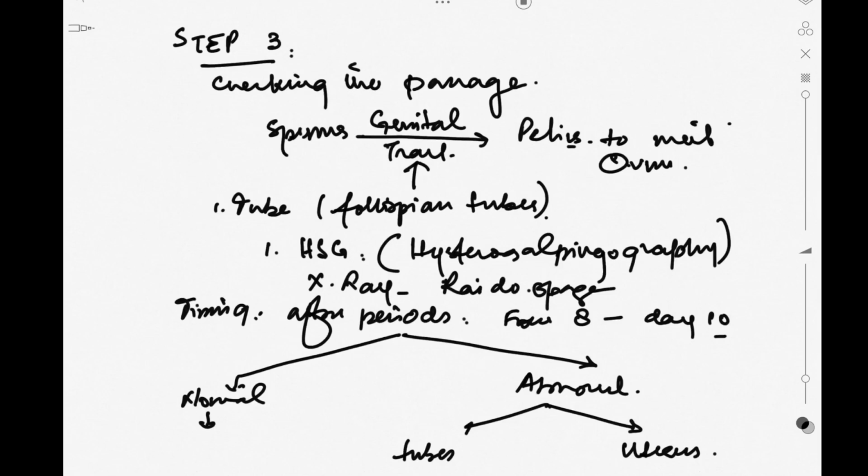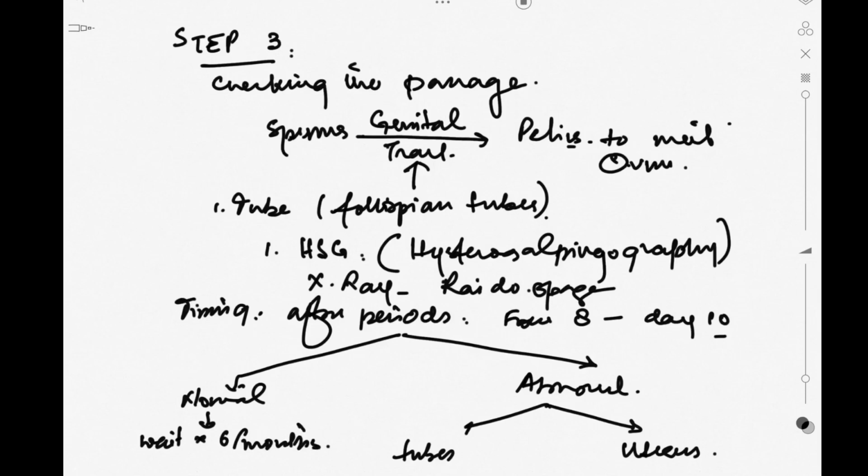The reason is that at times these tubes are plugged, not blocked, by some histiocytes. We call them histiocytic plugs. When we do HSG, these plugs are removed, the tubes become patent, and 60% of the patients conceive within 6 months.